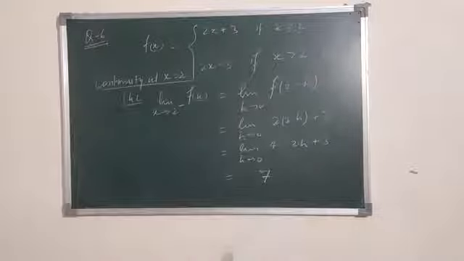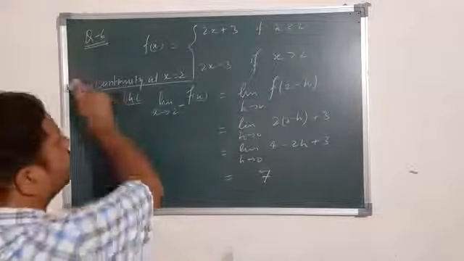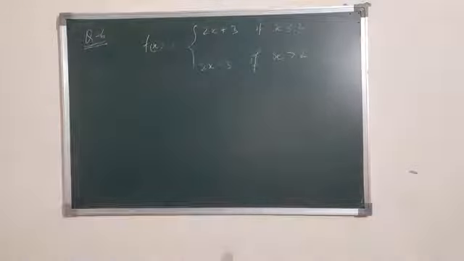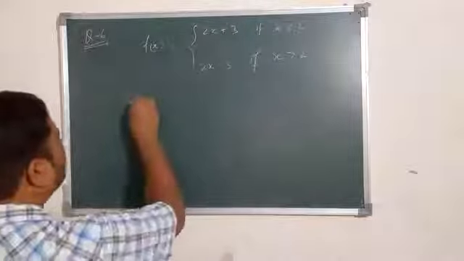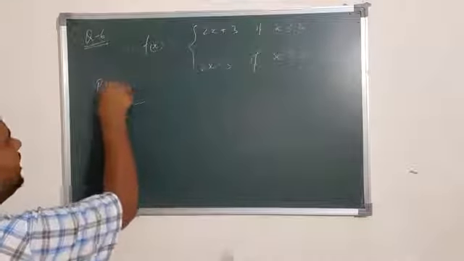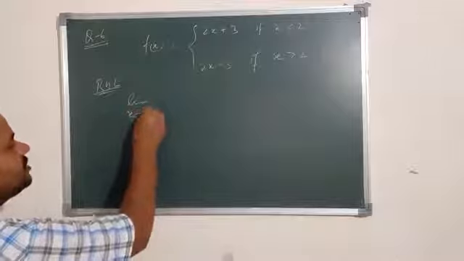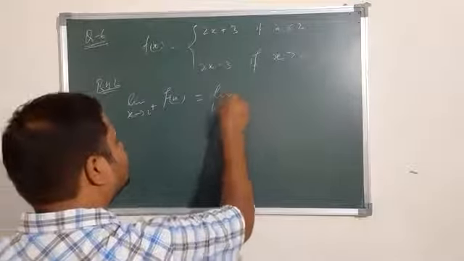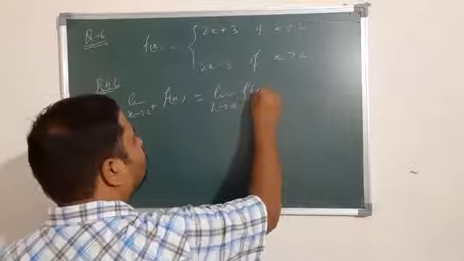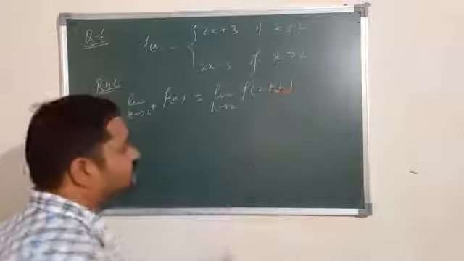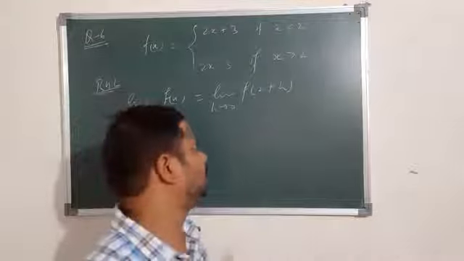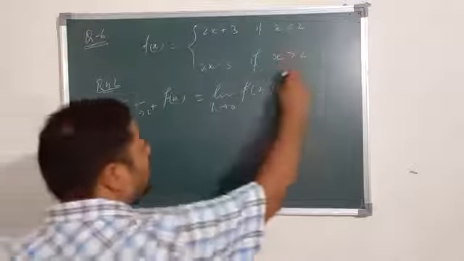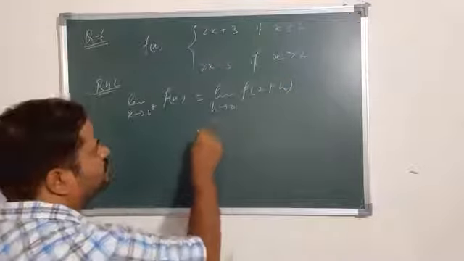Similarly, we can find the RHL. The right-handed limit, x tends to 2 plus of f(x). This is limit h tends to 0 of f(2 plus h), and since h is greater than 0, the quantity 2 plus h is greater than 2, and for greater than 2 the function is defined as 2x minus 3.